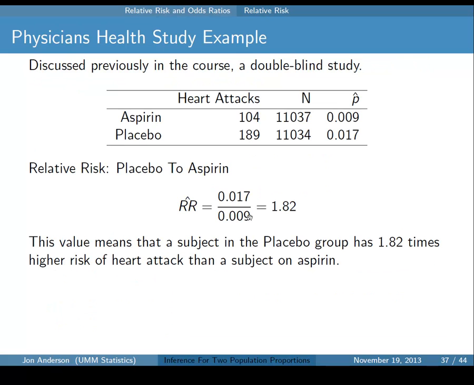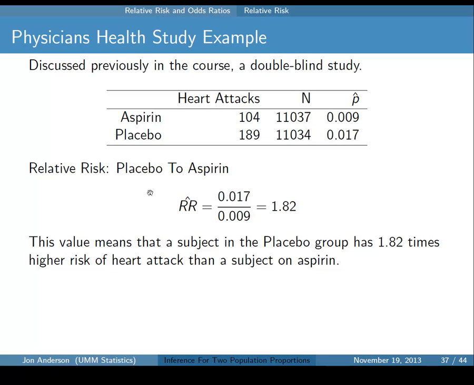Here's an example from a study earlier in the course, the Physician's Health Study, which was only done on male doctors. Remember that there were two treatment groups: physicians taking baby aspirin every day, where there were 104 heart attacks out of over 11,000 doctors, giving a p hat of about 0.009, and the control or placebo group, where there were 189 heart attacks out of about 11,000 subjects, for a p hat of 0.017.